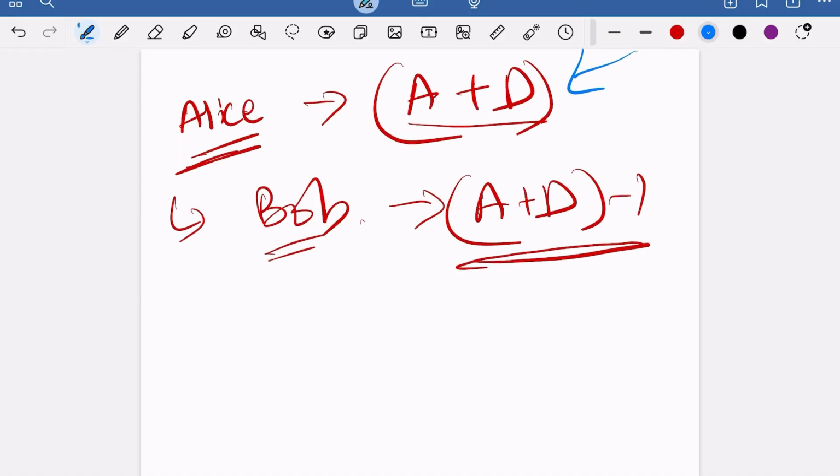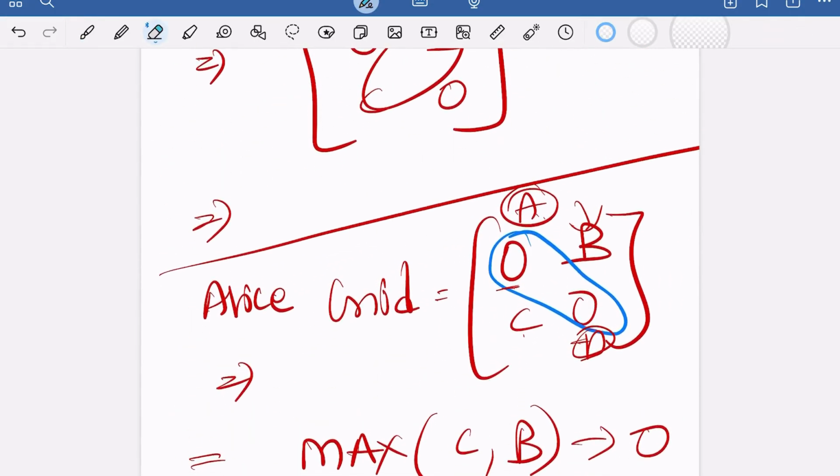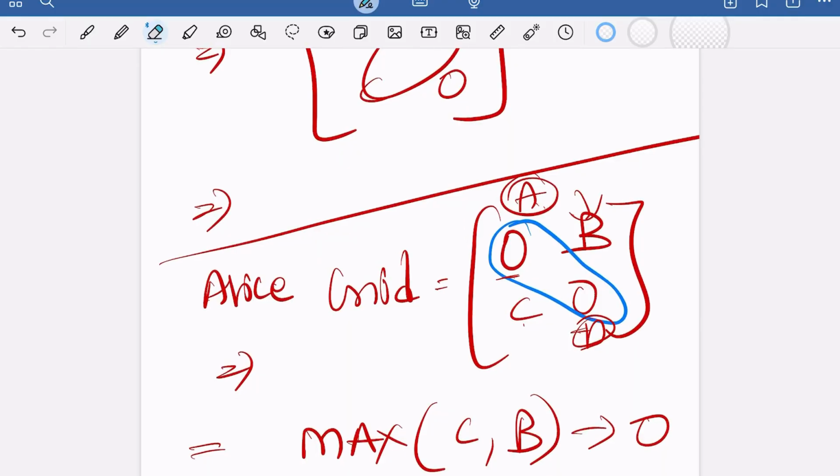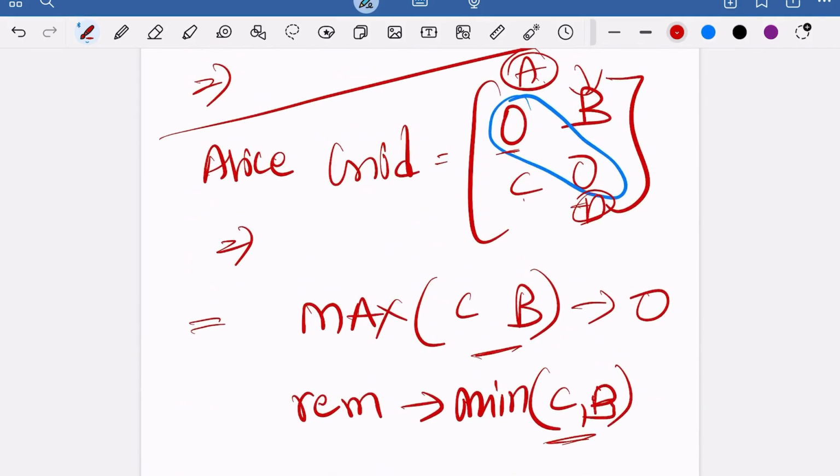So Bob will have A plus D minus 1 moves, and as we can see, once the diagonals are all zeros, Bob will always choose whichever is maximum and remove those elements. But in the future, when the diagonals become 0, he cannot touch the remaining elements.